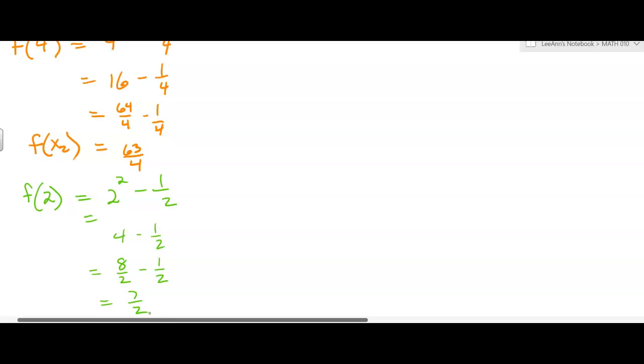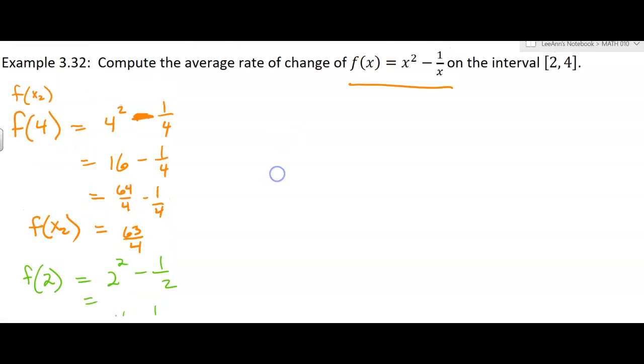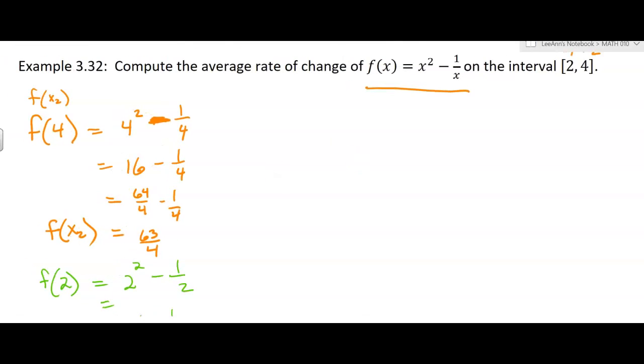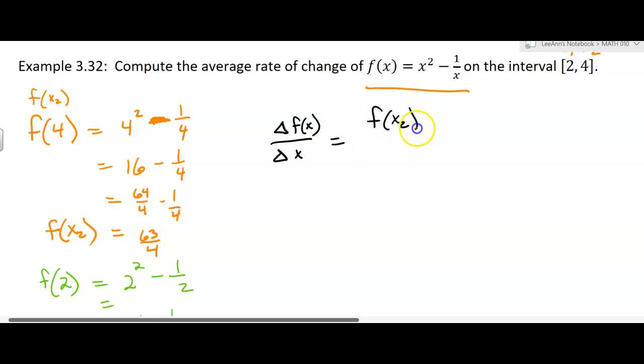Okay, so now we're going to go to our formula that says, how do we find the average rate of change? We find the change in f of x over the change in x. So for us, it's going to be f of x sub 2 minus f of x sub 1 over x sub 2 minus x sub 1.